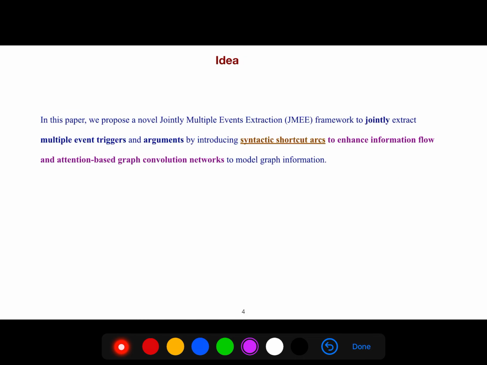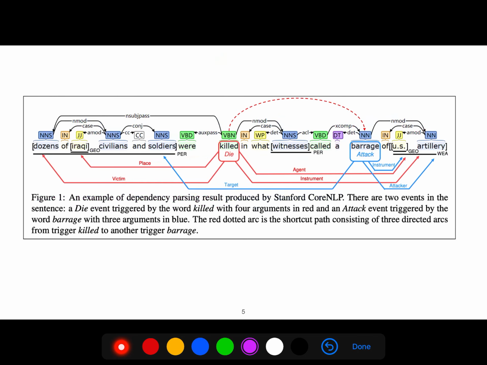So we propose a novel jointly multiple event extraction framework to jointly extract multiple event triggers and arguments by introducing syntactic shortcut arcs to enhance information flow and attention-based graph convolutional networks to model graph information.